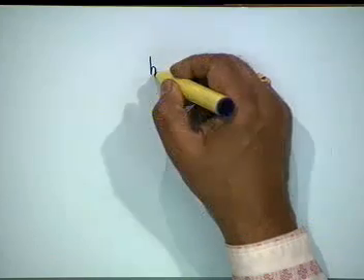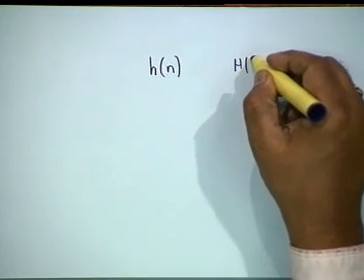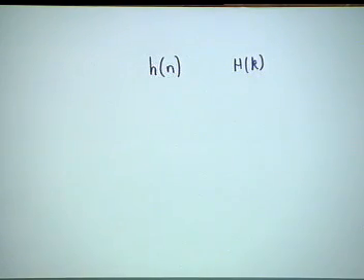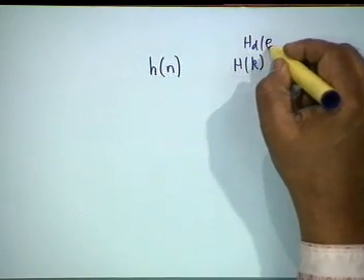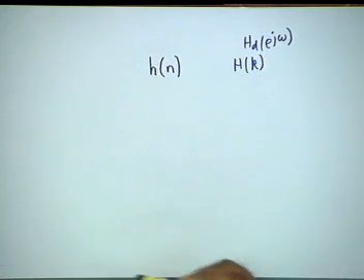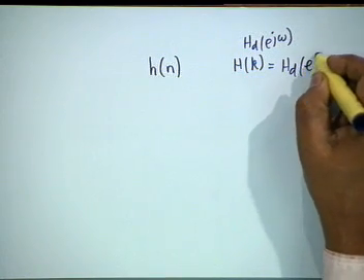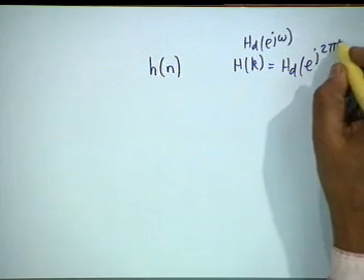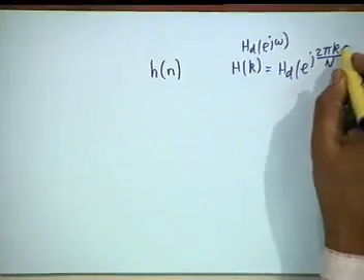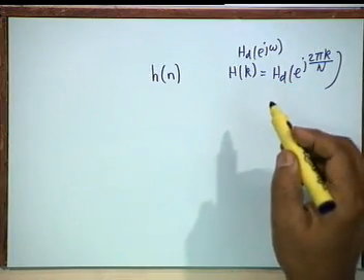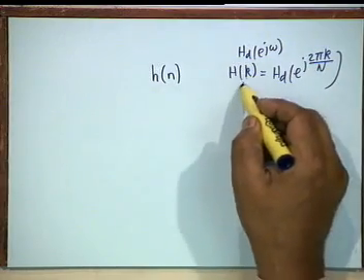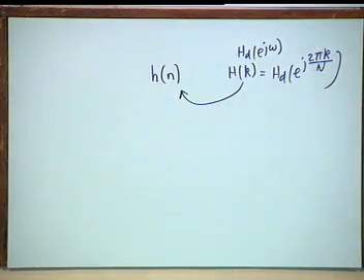That is, we said that you do not have to compute h of n from h of k. Once you sample capital H d of e to the j omega at capital N number of points, that is H k equal to H d e to the j 2 pi k divided by N, then conceptually you come back to h of n from H k, then you compute the system function and so on.